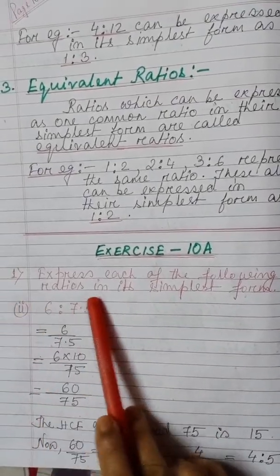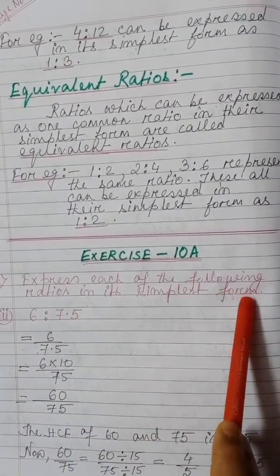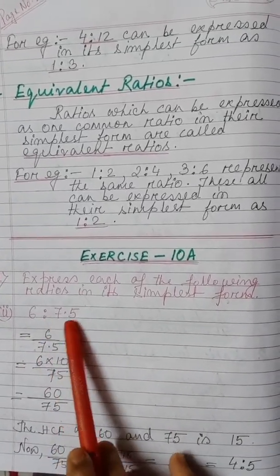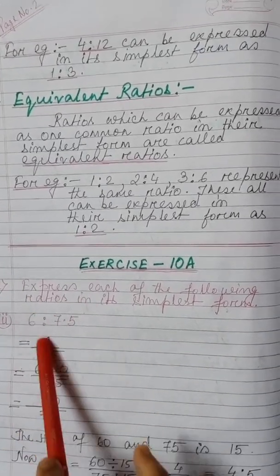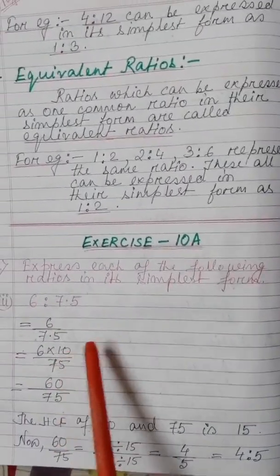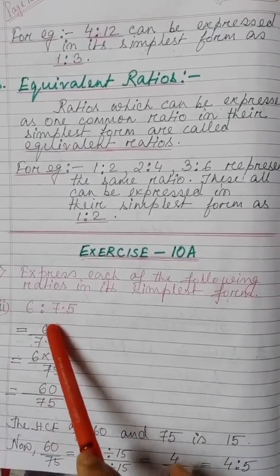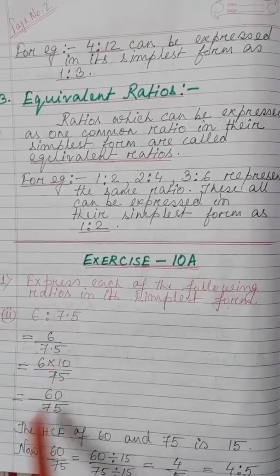Now come to exercise 10A. Question number 1. Express each of the following ratios in its simplest form. Roman 2: 6:7.5. We have to express this ratio in its simplest form. First, write this ratio in fractional form, 6/7.5.